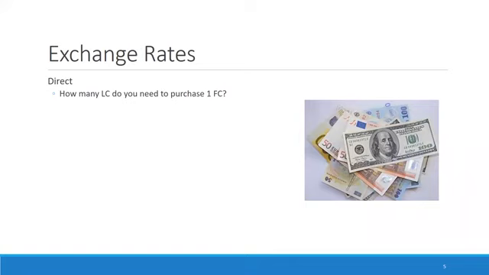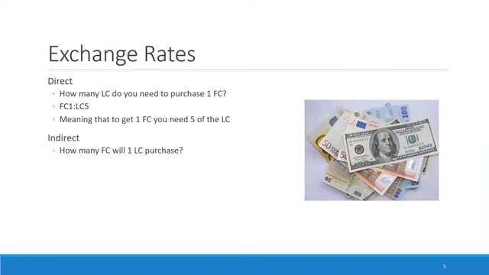Looking at exchange rate, so there are two ways in which you can be provided with your exchange rate. The first is the direct method. So how many of the local currency do you need to purchase one of the foreign currency? So if the foreign currency is denominated in 1, we'll need 5 of the local currency to purchase 1 of the foreign currency.